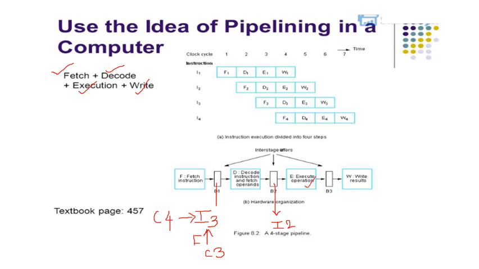This information must be passed on to the write stage, that is W, in the following clock cycle to enable that stage to perform the required write operation. Buffer B3 holds the results produced by the execution unit and the destination information for instruction I1.